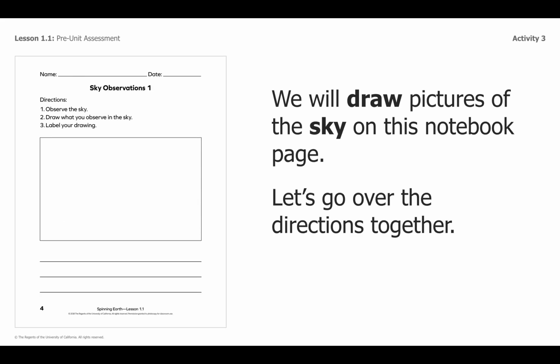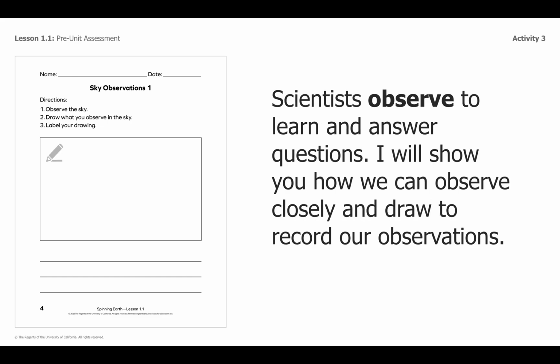You're going to draw pictures of the sky on either this notebook page, which I'll provide a link to on Google Classroom, or just any blank sheet of paper. And let's go over the directions together. First of all, scientists observe to learn and answer questions. I will show you how we can observe closely and draw to record your observations.